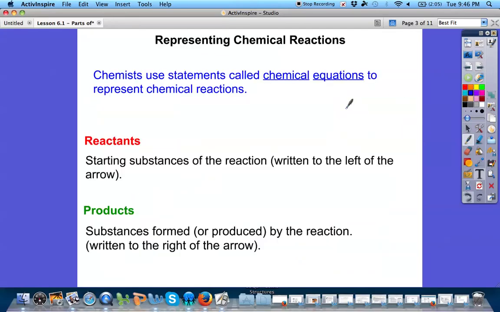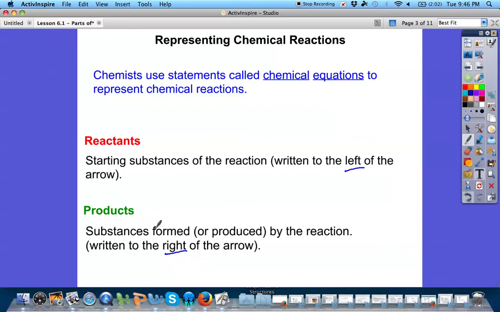So we can represent chemical reactions. Chemists do this by statements called chemical equations used to represent those chemical reactions. And we have reactants and we have products. The reactants are the starting substances of the reaction. These are written to the left of the arrow, and the products are substances formed or produced by the reaction, and these are written to the right of the arrow.